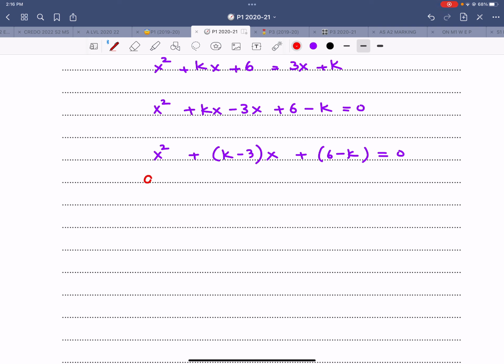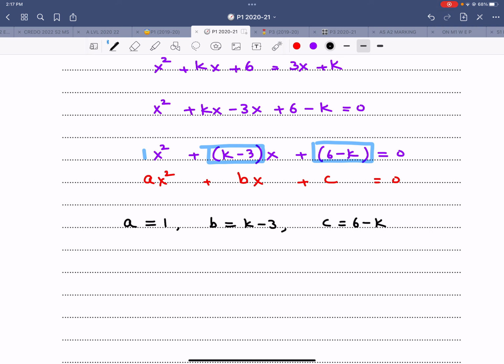Compare coefficients with ax square plus bx plus c equals to 0. Consider it necessary that you always have the coefficients on one side, variable on the other side, and the constant also separated out in a bracket. So this is the constant, this is the coefficient of x, and nothing is over here, therefore this is 1. So a is 1, b is k minus 3, c is 6 minus k.